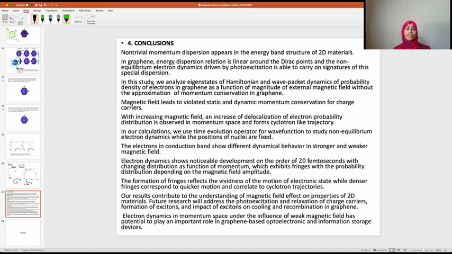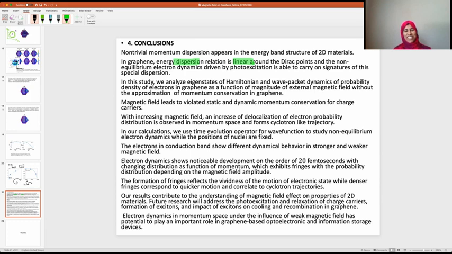So graphene, we can see from the band structure, shows non-trivial dispersion, and the energy dispersion is linear around the Dirac points. That is useful for electron dynamics driven by photoexcitation.